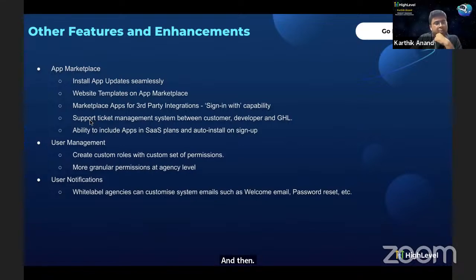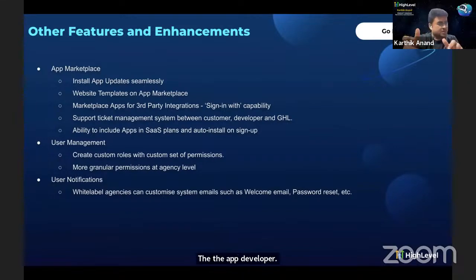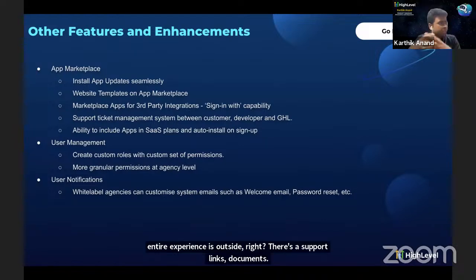The fourth one is support ticket management. Today, if you need some support with the app, the entire experience is outside. There are support links, documents, and contact details that developers provide, but they may not be responsive.